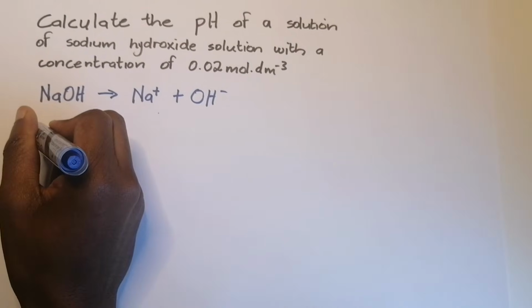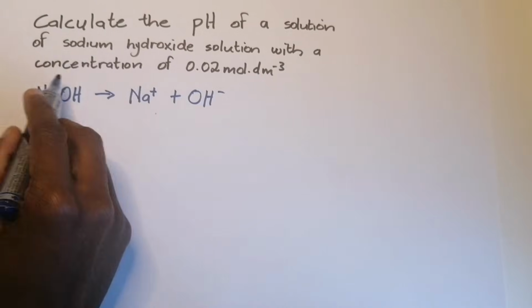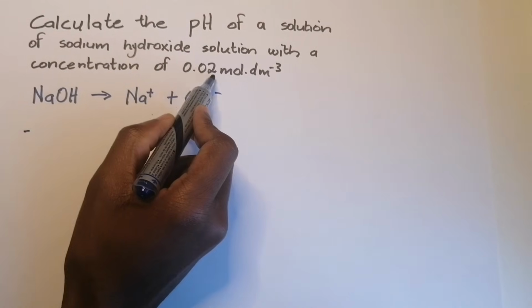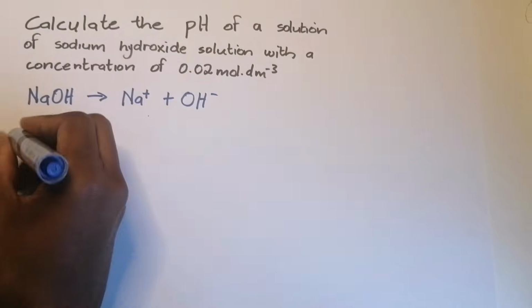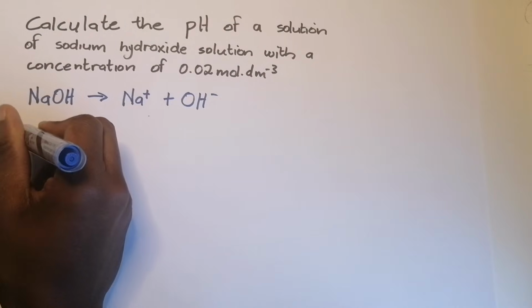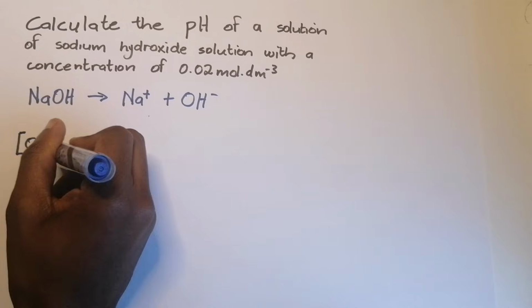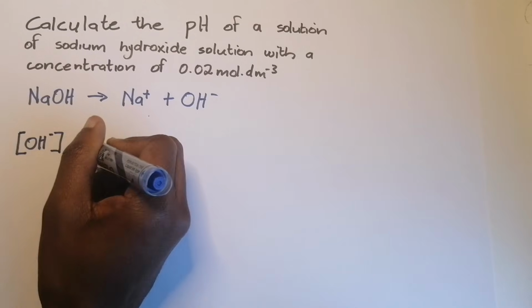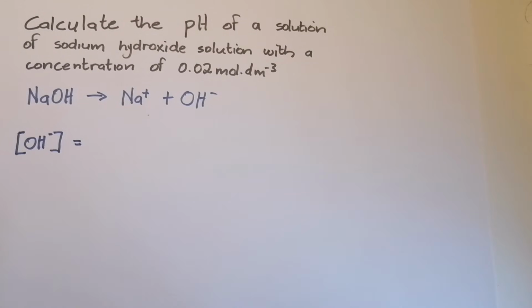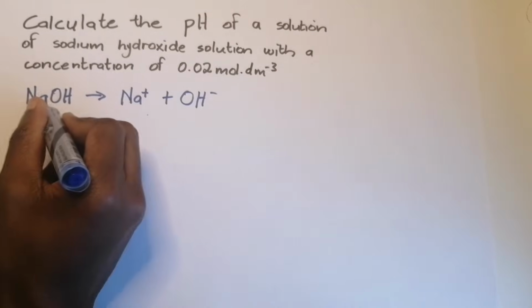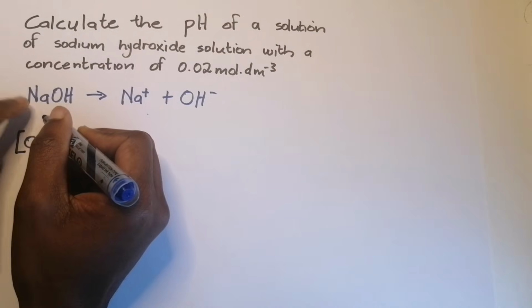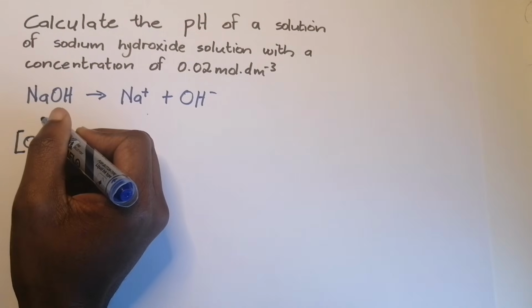Remember, they gave us the concentration of the sodium hydroxide. So this simply means that the concentration of my hydroxide ions would be equal to the concentration of my sodium hydroxide. Why? Because for every 1 there is 1.